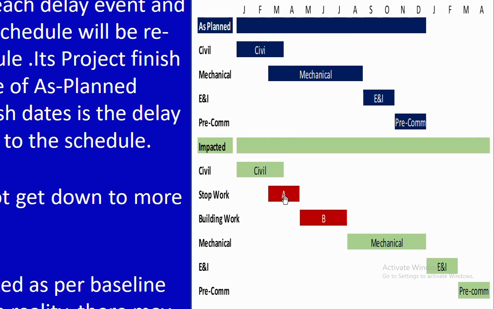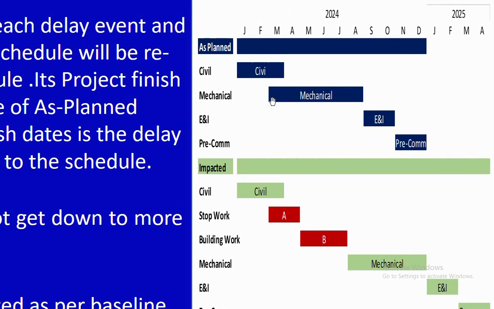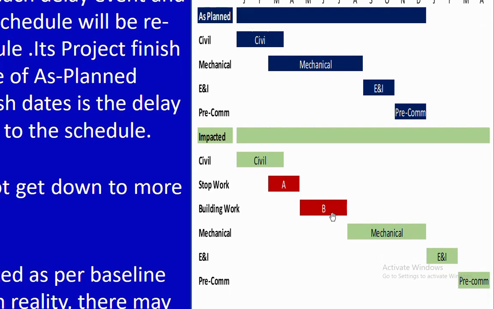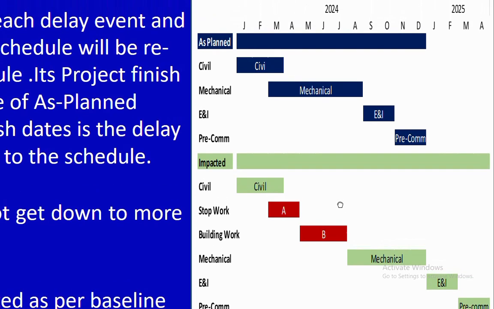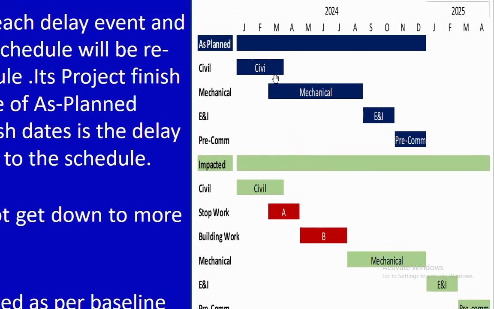So what we did, we converted those two delay events into fragments. We inserted them in this baseline schedule, the blue one, and linked with the respective successor and predecessor. So here if you see, after completion of building work, you can start the mechanical work. So as per baseline, mechanical work should have started by March 24.